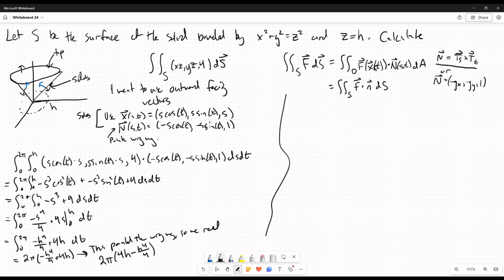Now I want to do the integral of the top. And we actually have a nice trick that we can use here.